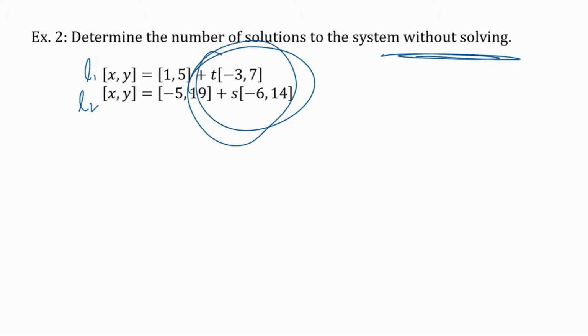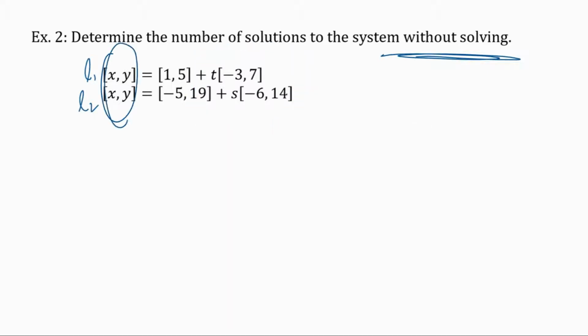Also, they're only in 2 space because it's X and Y, no Z. It seems obvious as we're working through this, but trust me, once we start matching questions, until we gain that experience, it will not necessarily be obvious that we're looking at lines or at 2 space or 3 space. It's not always going to jump out at you, so it's something worth pointing out.